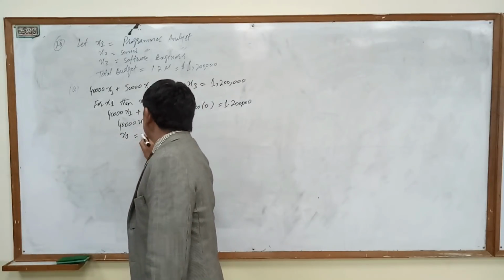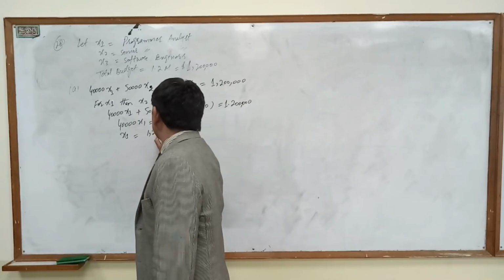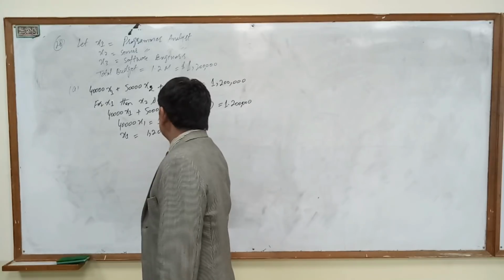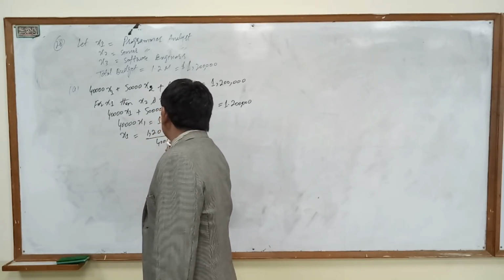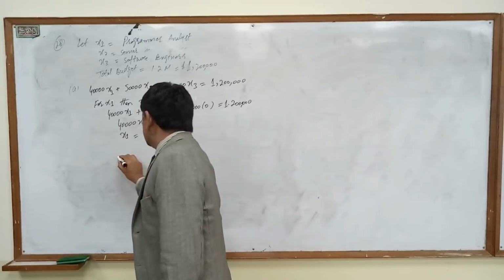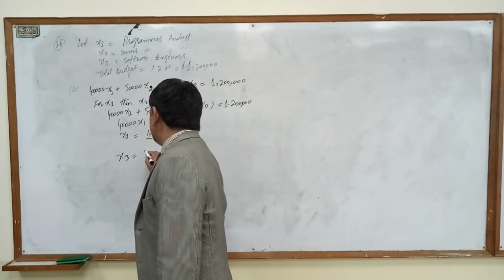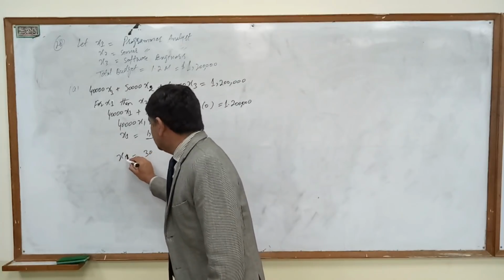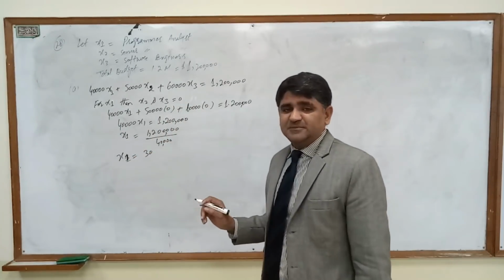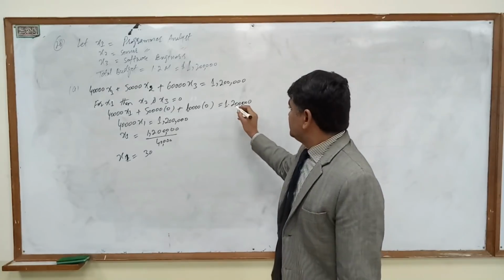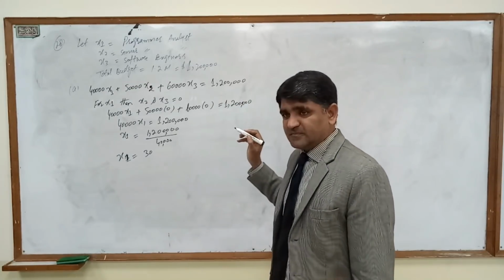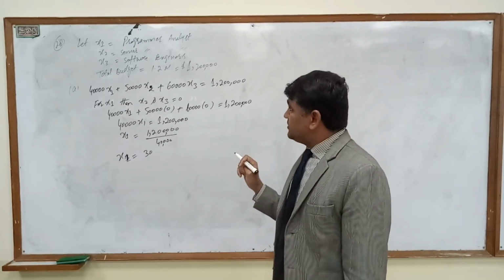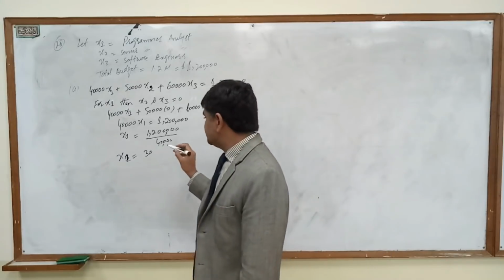So X1 is equal to 1.2 million divided by 40,000, which is 30. So 30 programmer analysts can be hired by using the 1.2 million budget, if senior programmer analysts and software engineers are not required.